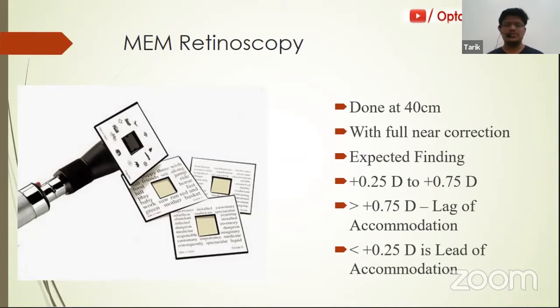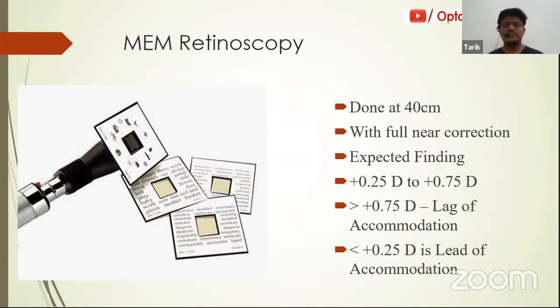The second thing which we should know next is how convergence plays a role in interpretation of MEM retinoscopy. Giving you a simple example, suppose I was having convergence insufficiency. The way to overcome this convergence insufficiency is I'll accommodate further, so that accommodative convergence can work and give me a single image.